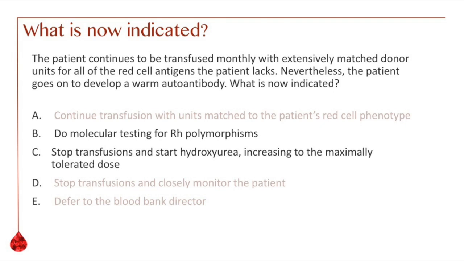Stopping transfusions and closely monitoring the patient is only considered if transfusions and hydroxyurea cannot be safely administered. Certainly consultation, but not deferral to the blood bank director, is indicated, and sickle cell experts from around the world should be contacted for input in these very difficult clinical dilemmas.